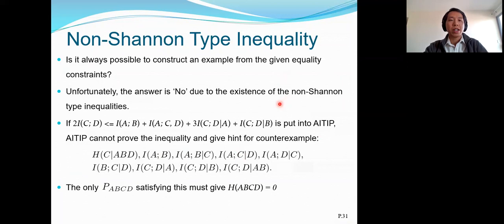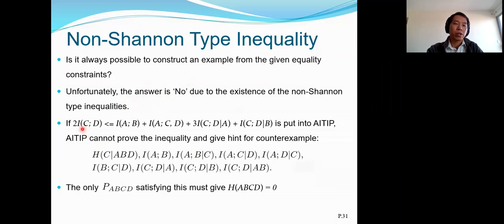Then the next important question is, okay, now AITIP will always give us some hints if we cannot prove a given inequality. But does it mean that we can always construct a counterexample from the given equality constraints? And unfortunately, the answer is no, due to the non-Shannon type inequalities.